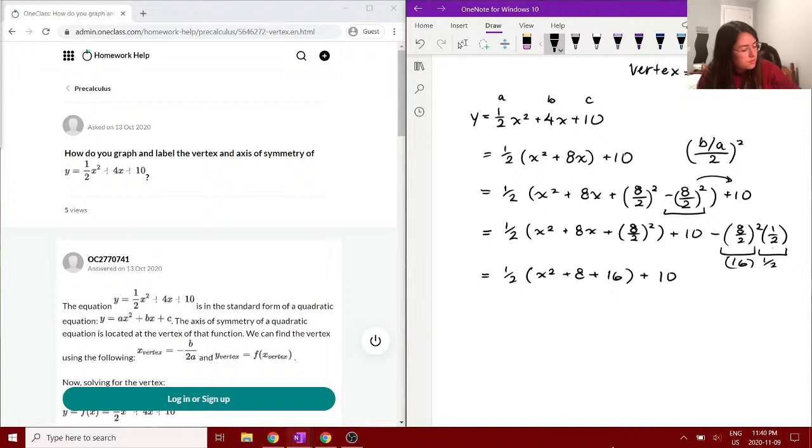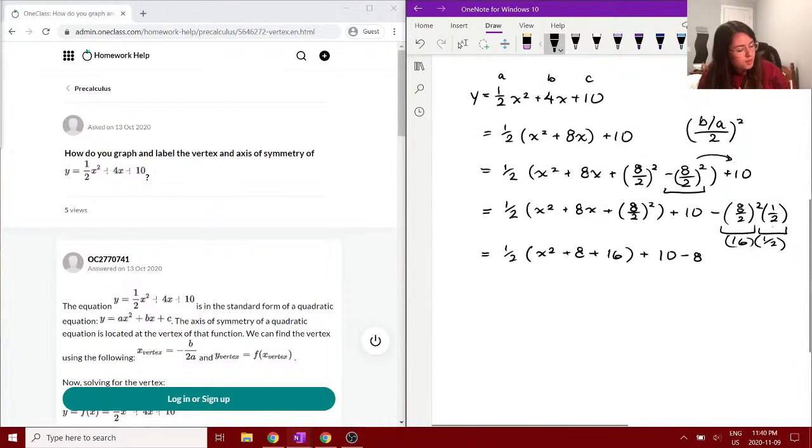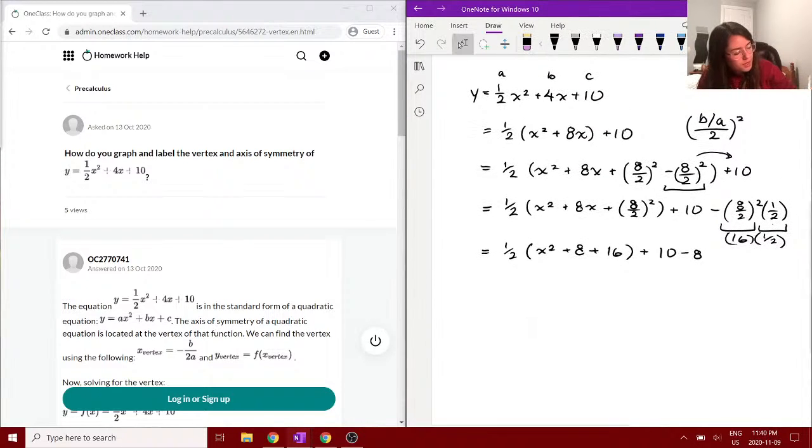So basically you have this now. So minus 16 times 1/2, so half of 16 is 8, right? Okay, so now that we're here, obviously we can add these two together.